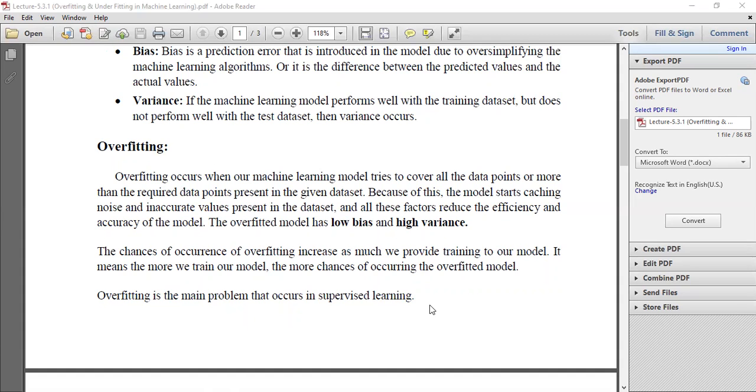Overfitting is the main problem that occurs in supervised learning.